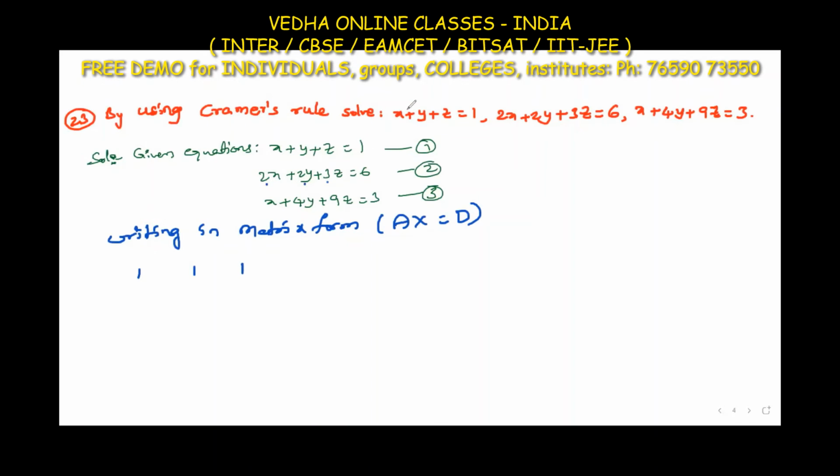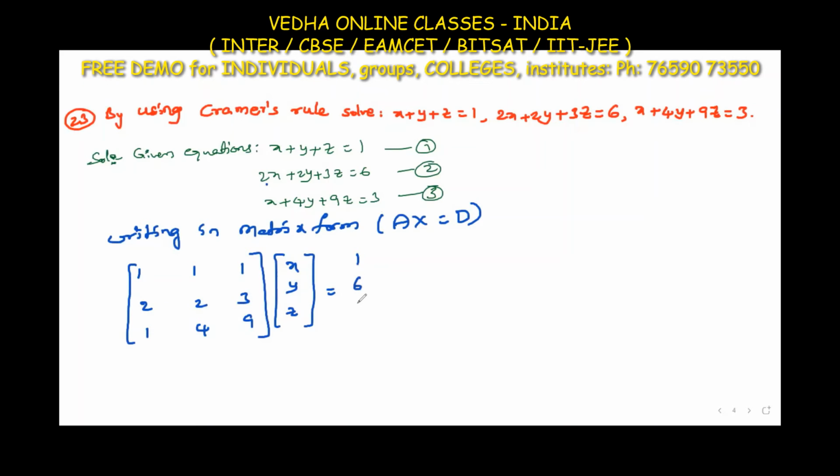That means 2, 2, 3. And the x, y, z coefficients of equation 3: 1, 4 and 9. So this is the A matrix, and X is the X matrix, that is X, Y, Z. And D is the constant matrix 1, 6, 3.